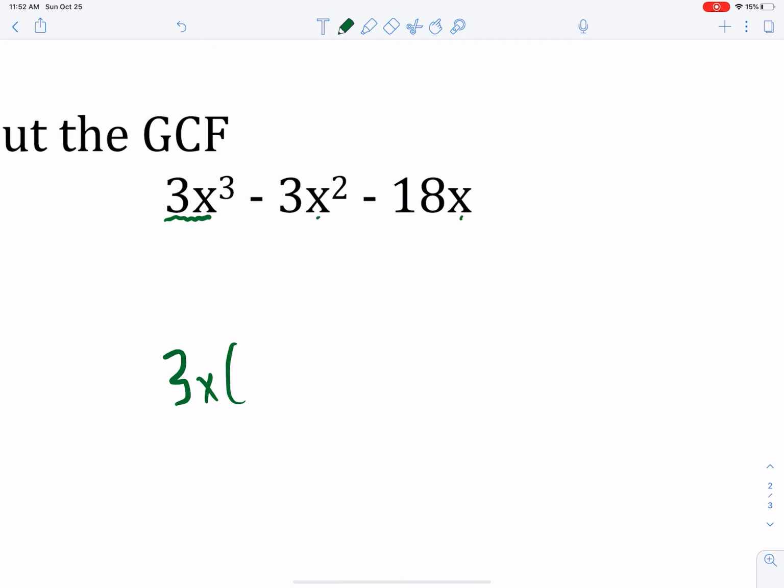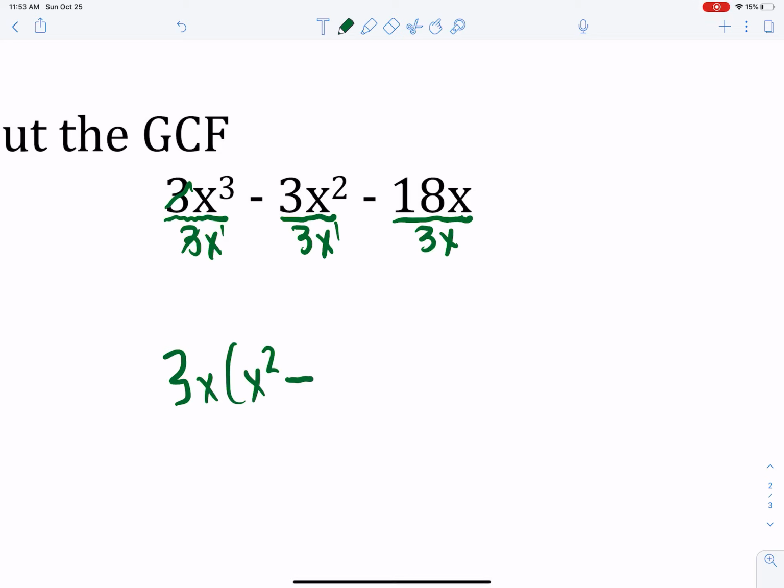So the greatest common factor that I'm going to factor out of each one in this case is 3x.